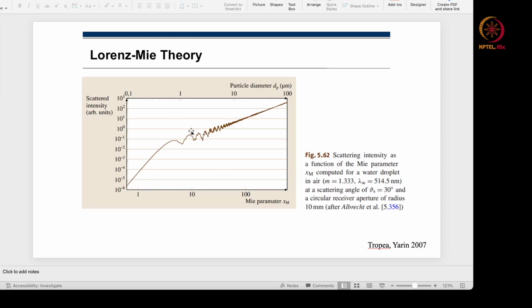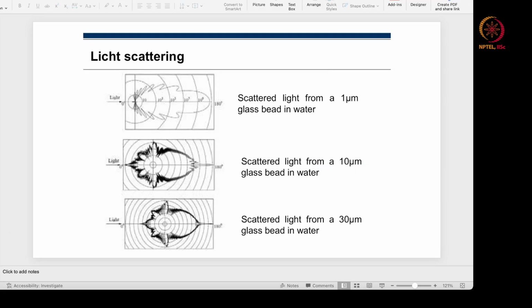The tracer velocities that you measure would not be representative of the flow field in any way. So this curve becomes very important, showing how much loss you have when you go from 0.1 to 10. A change of 2 orders in the particle diameter leads to more than 10 to the power of 5 change in the light intensity, as you go down to smaller and smaller particle size for a particular laser beam, on a relative basis.